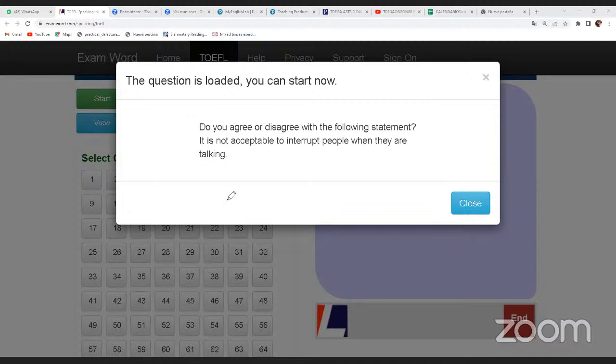I disagree with the following statement that it isn't acceptable to interrupt people when they're talking because it's rude. They're going to have their own time to talk, but we have to respect, and they need to respect our own space at the moment that we're maybe giving an opinion.